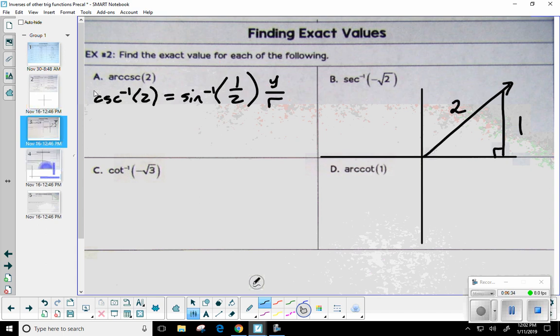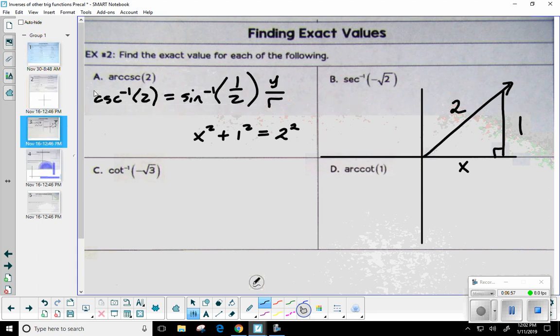But there's something I'm missing. I'm missing the adjacent, the x value. How do I find it? Pythagorean theorem. So let's say this is x. What's the equation I would use to help me? Is everybody okay with that? x squared plus 1 squared equals 2 squared.